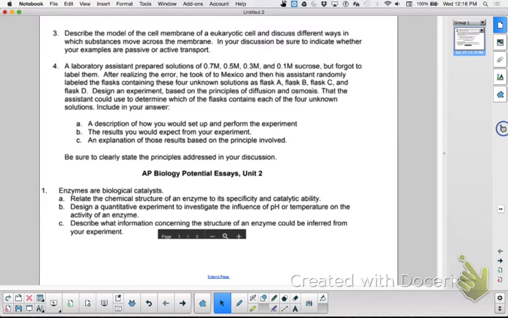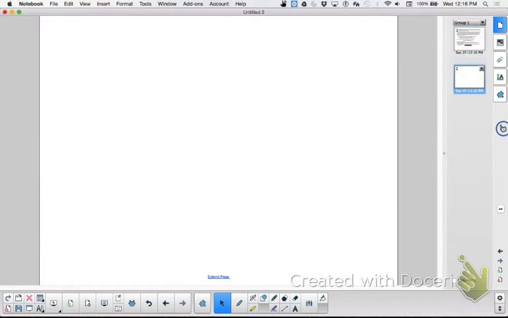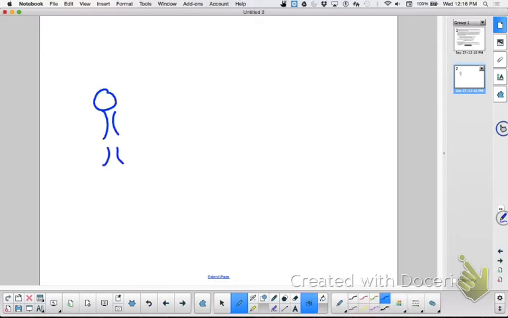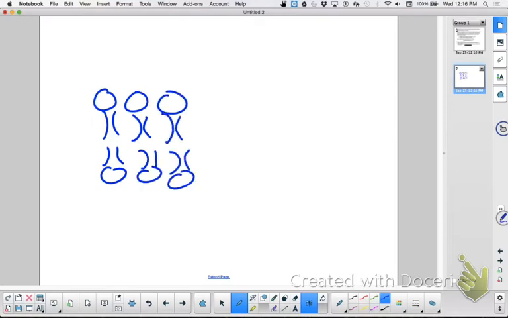Okay, so I'm handling this first one, and if I was going to draw a cell membrane, I would probably have some of these in it. What are these? Phospholipids. And then I might have something like this in it.